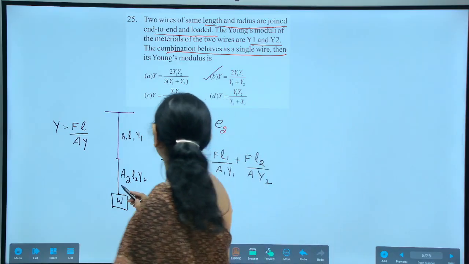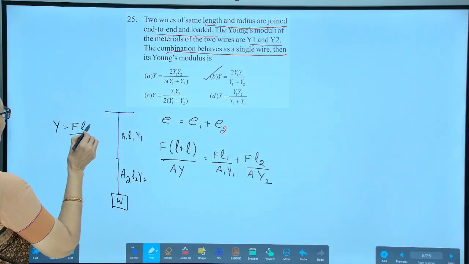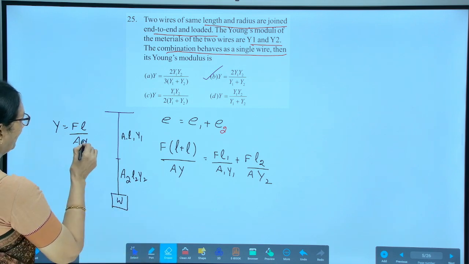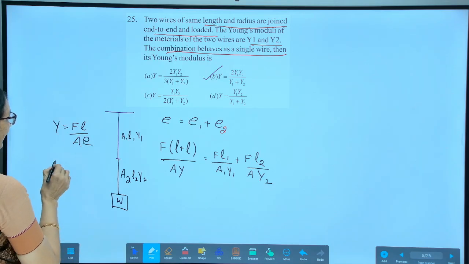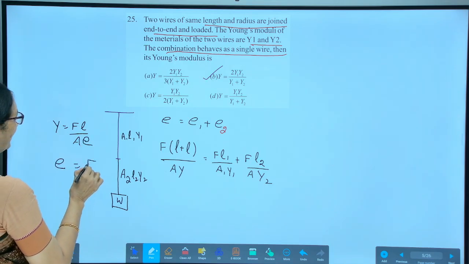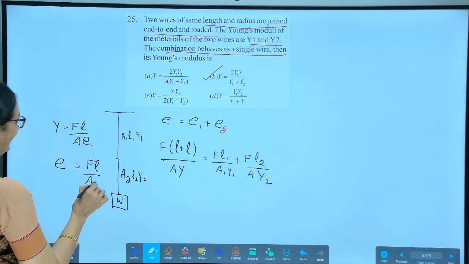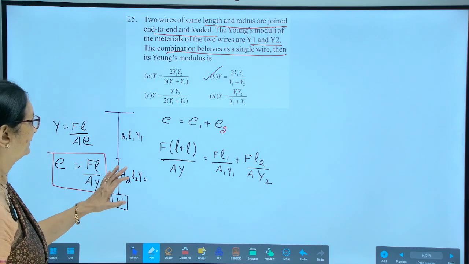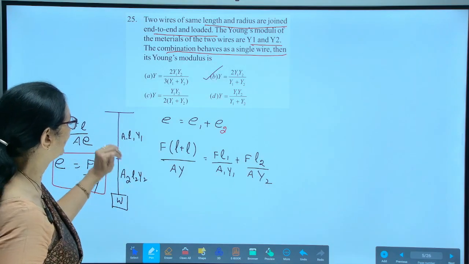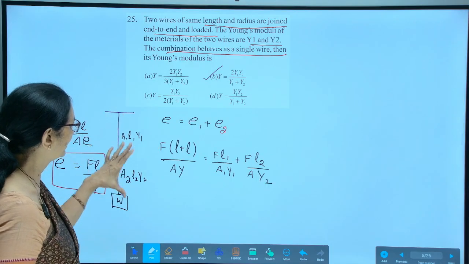So here, from the expression Y is equal to FL by AE, E is equal to FL by AY.